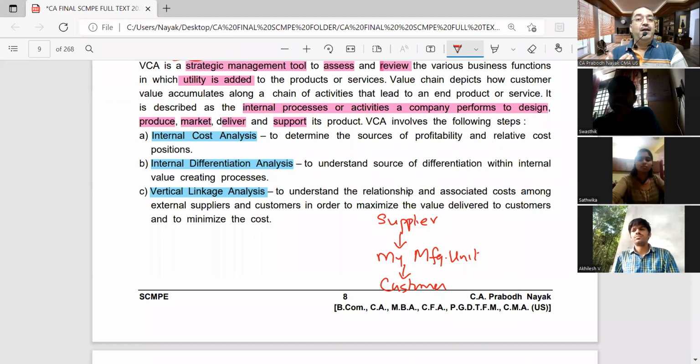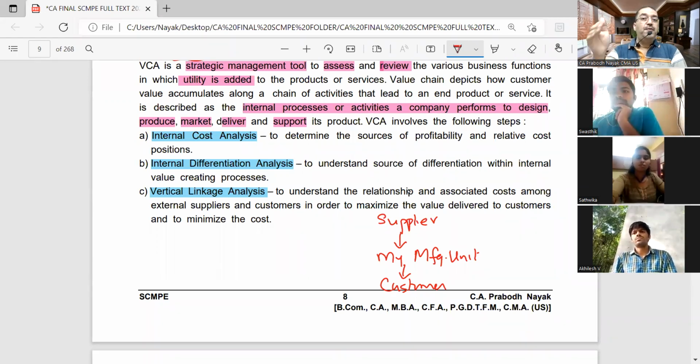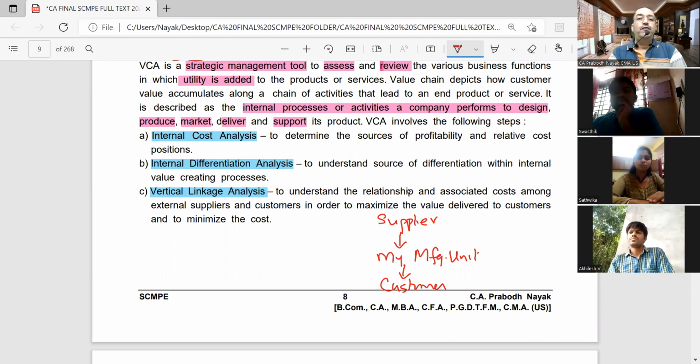So I have to help the supplier create that value. Maybe he is having a financial problem, so I will have to arrange a loan for his business, not for my business, so that he can manufacture and supply the goods.